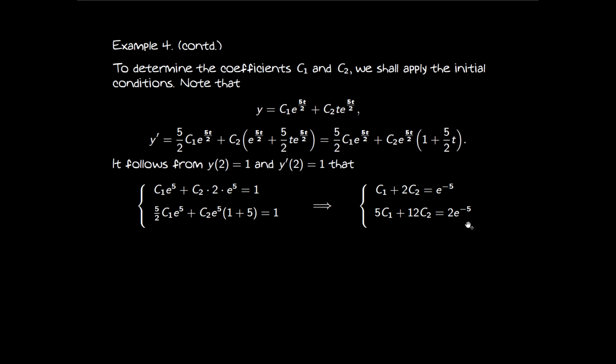Now, for this equation system, once again, you can use either substitution, elimination, or matrix theory, right? So for this one, for example, if we try elimination, in particular, if I multiply the first equation by 6, then I can get 12c2 and 12c2.